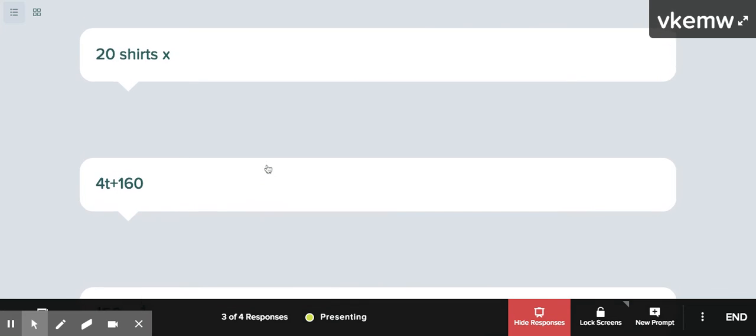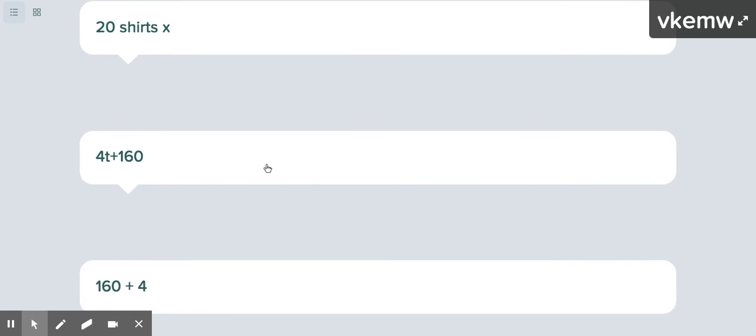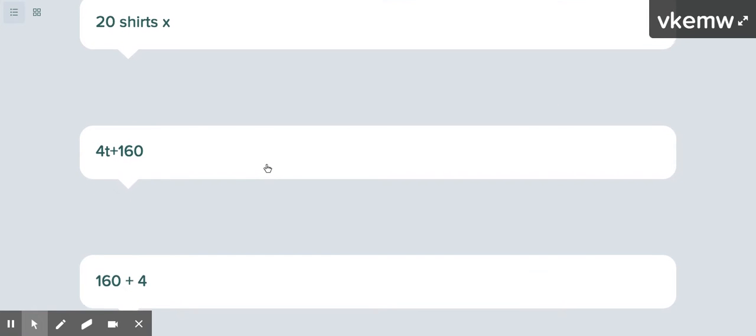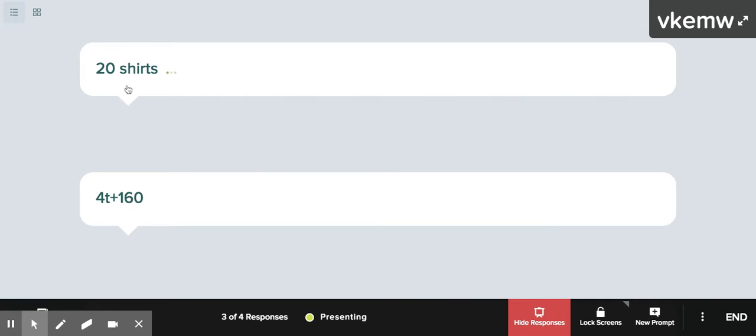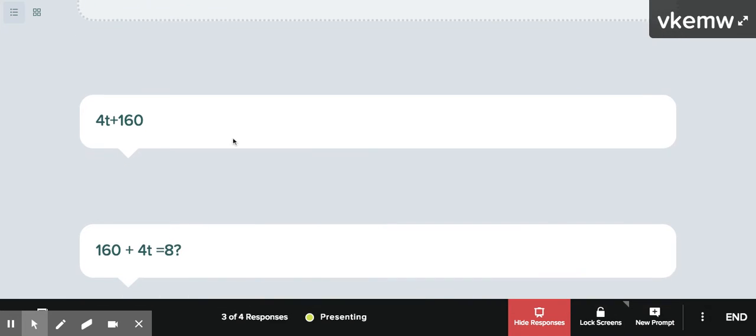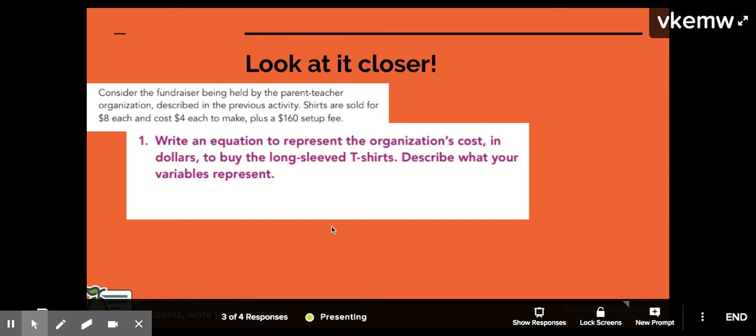I like some of the expressions that I'm seeing here. We're using the 160, we're using the 4. I think if we're focusing on these 20 shirts, we're focusing on something that's a step ahead. Good. I kind of liked what I saw, and I think that makes the most sense.